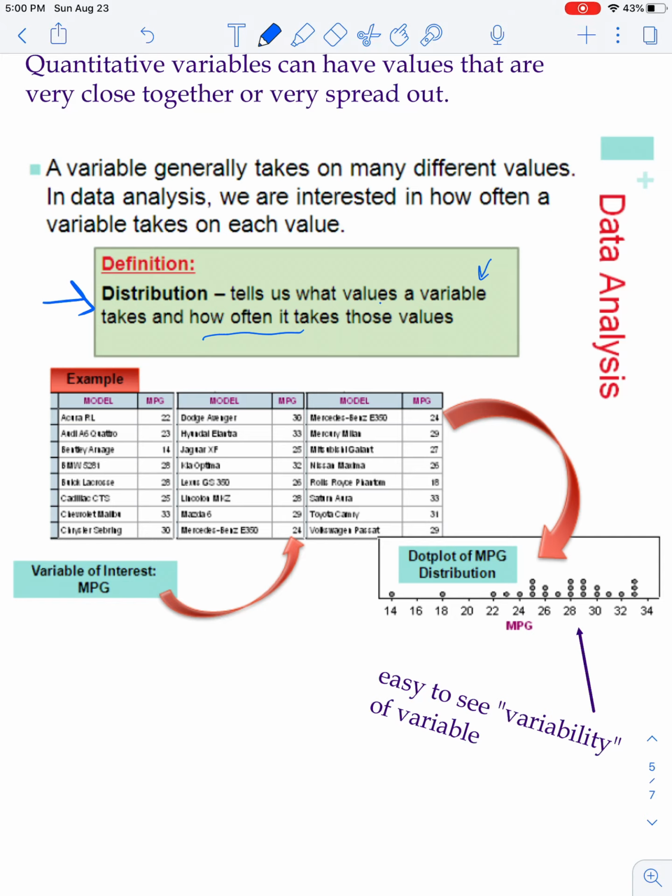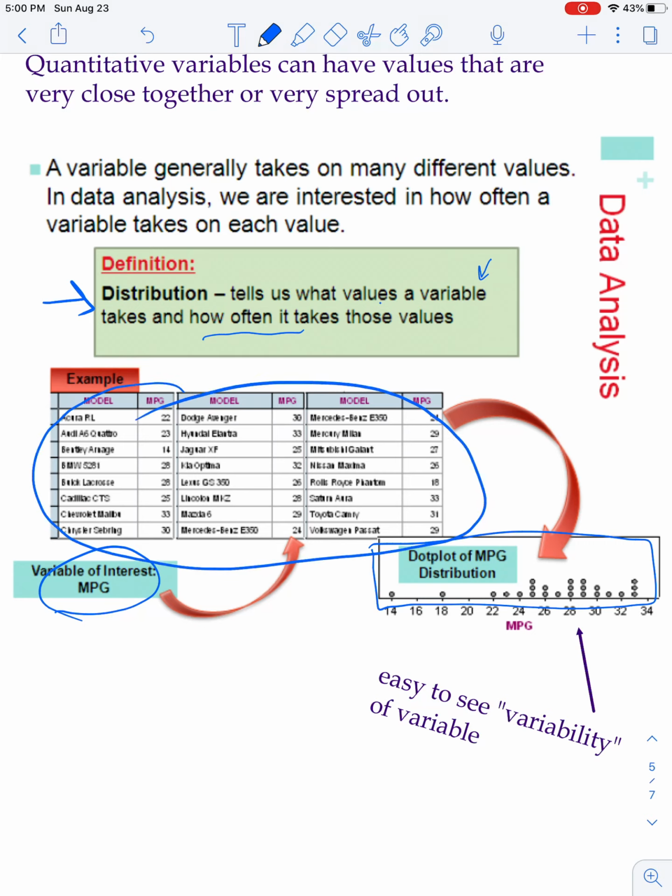So a distribution only looks at one variable, and it's looking at the spread, the distribution of that variable. So what we've got here are models of cars and their average miles per gallon. So our variable of interest is miles per gallon, and then what we've made is a dot plot distribution.